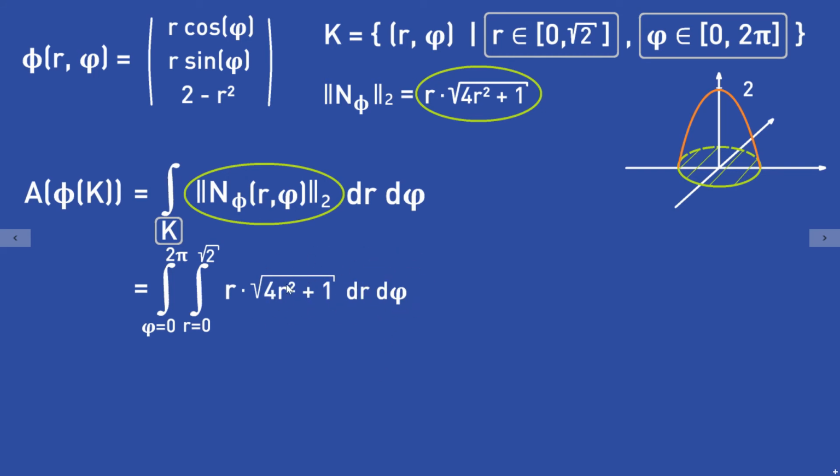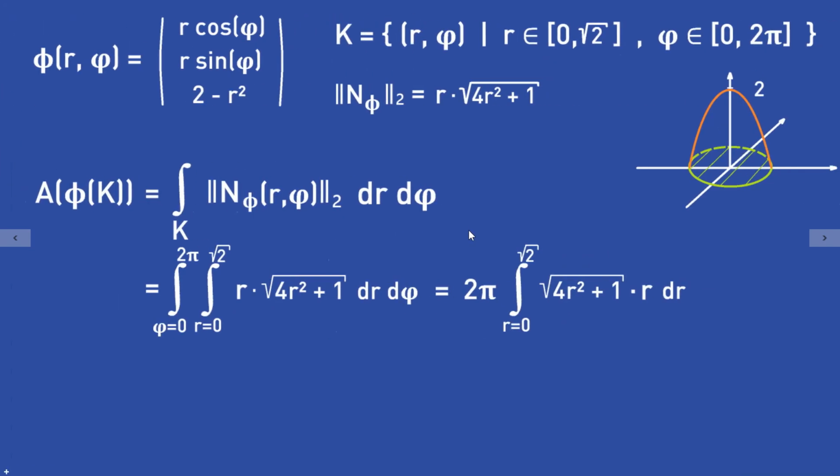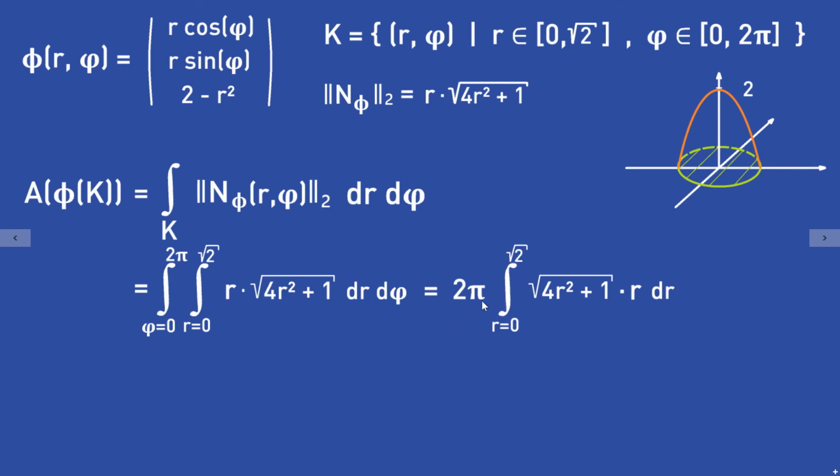Because this here doesn't depend on phi at all, we get 2 pi times the integral of r from 0 to the square root of 2 of the square root of 4r squared plus 1 times r dr.